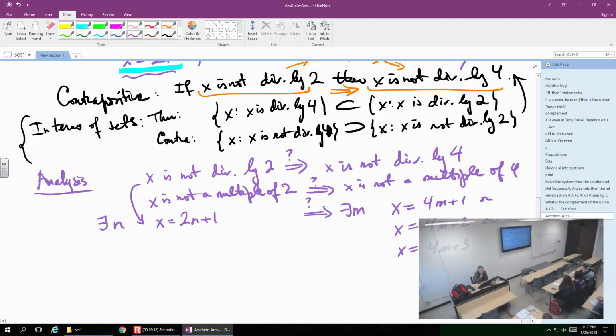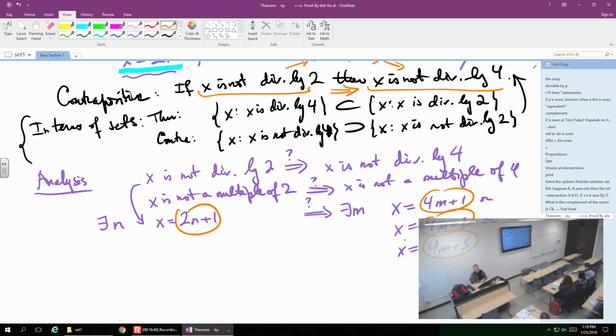But you cannot multiply x by anything, because it's the same x on the left and on the right. If you multiply, they won't be equal. What we're talking about is setting this equal to one of these. So to find m, we have to set the one on the left and the one on the right equal to each other and find m.